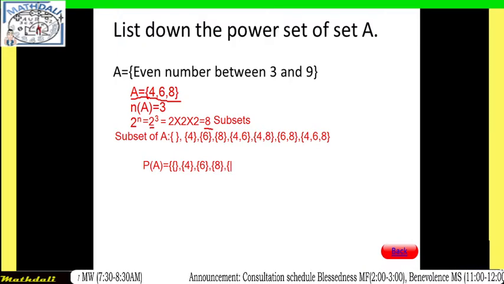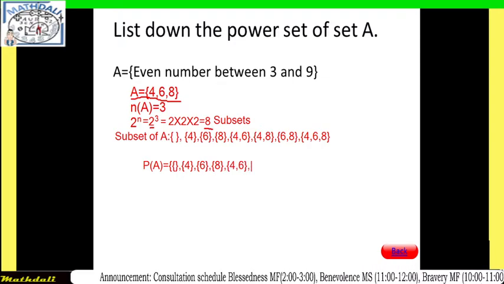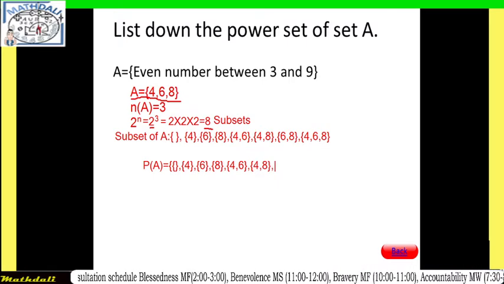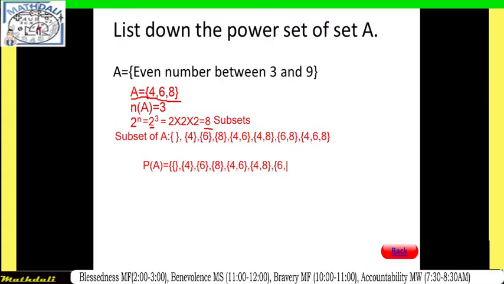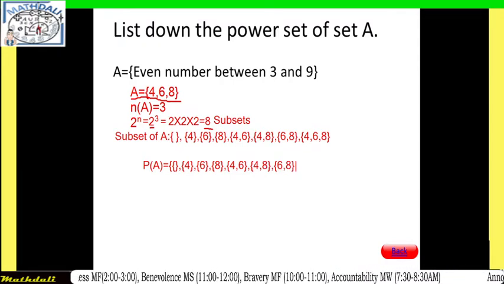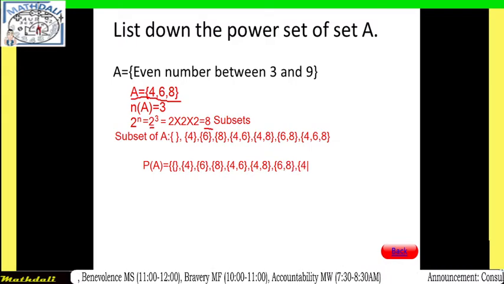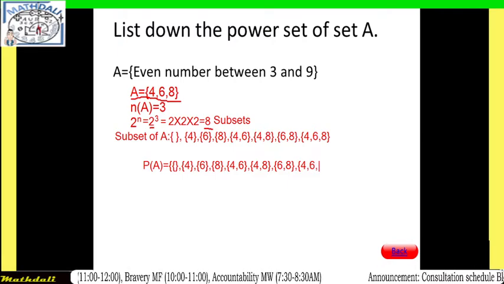Then we have 4 and 6, also 4 and 8, and 6 and 8. And last, our set A itself, 4, 6, and 8.